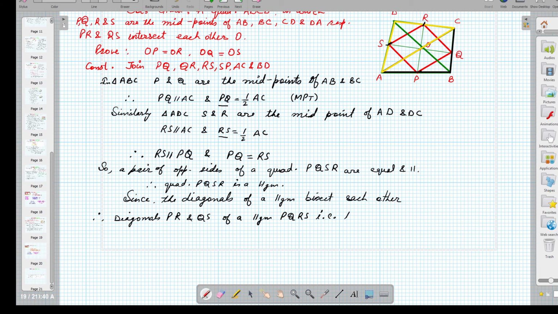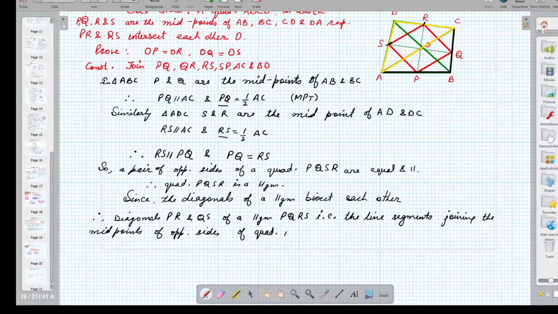That is, we can also say the line segments joining the midpoints of opposite sides of quadrilateral ABCD bisect each other.